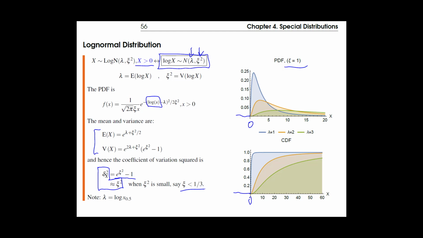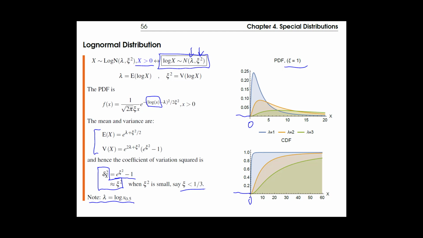Okay. All right, and let me say that this approximation is true because if you do a Taylor series of this, it's going to be 1 plus psi square minus 1, right? So that's why this approximation is useful. All right, and then we're going to see this is important too.